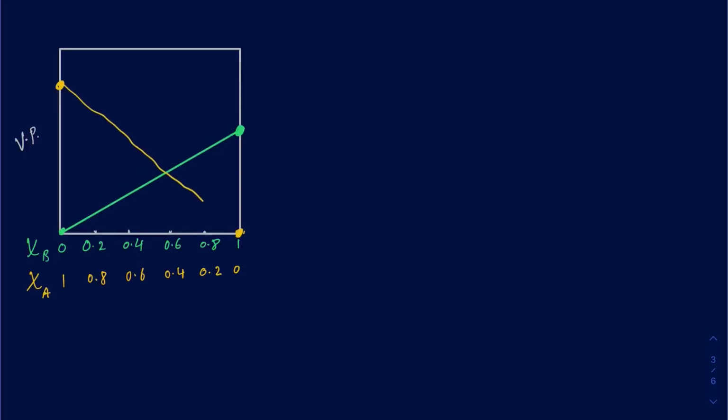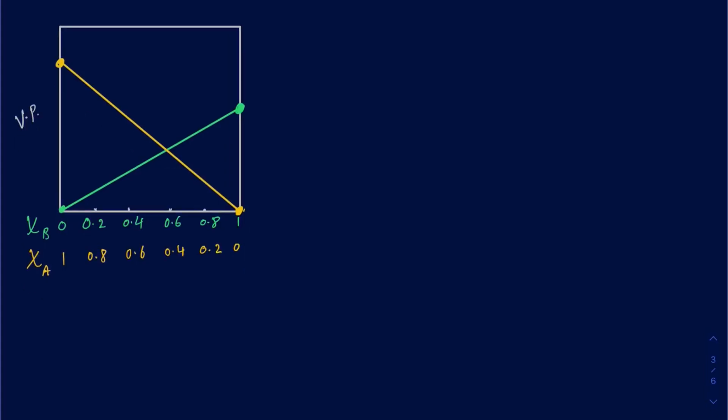So I can go ahead and draw a straight line here. So that's how it's going to look. Now, if I pick any given point, these are going to be the vapor pressures of your two liquids at a given time.